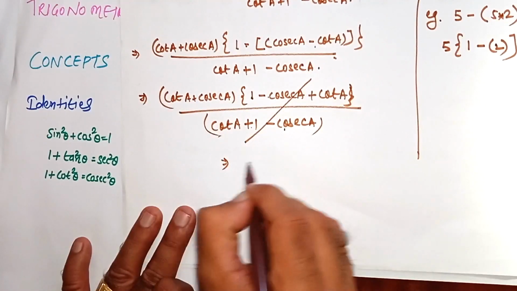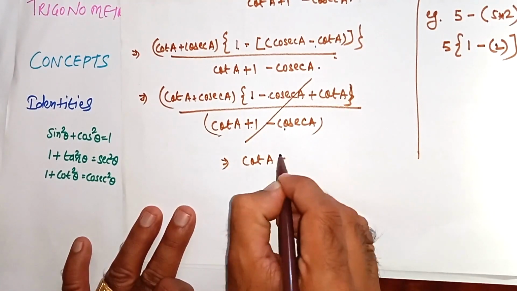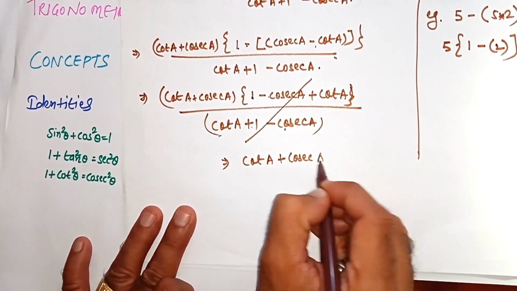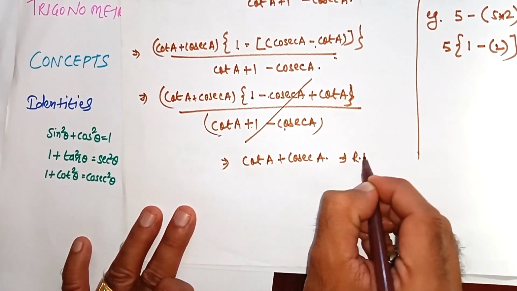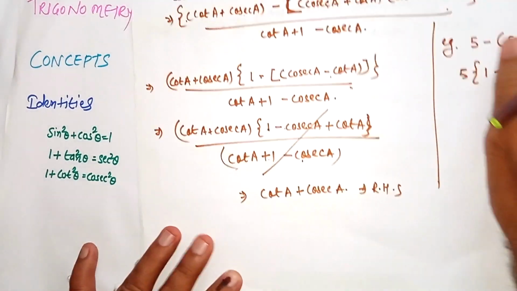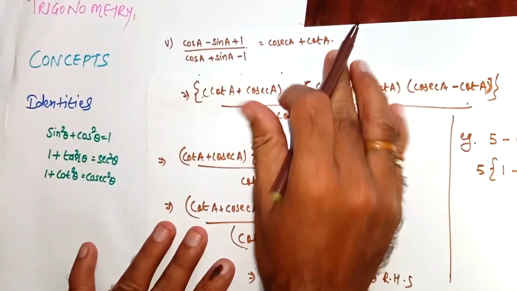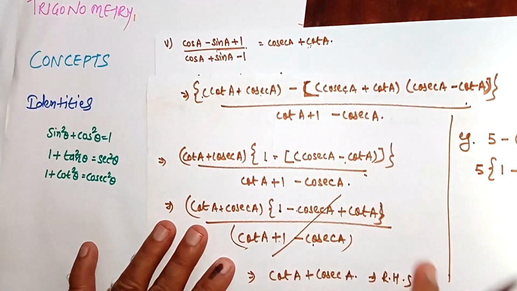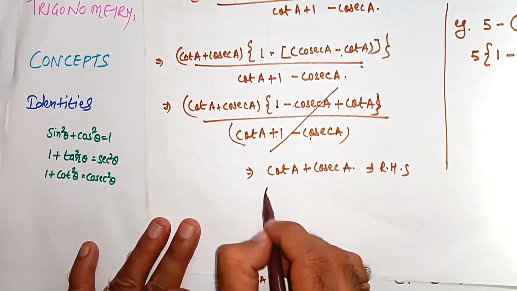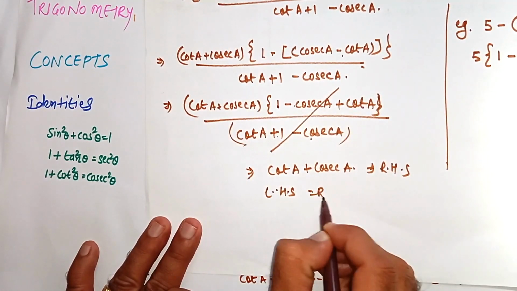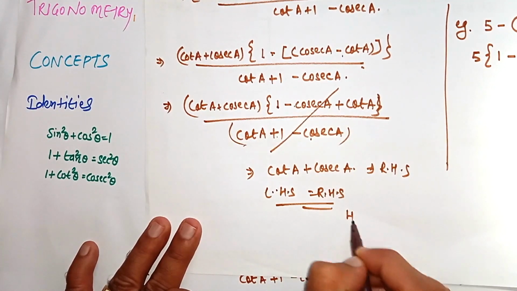We are only left with cot A plus cosec A, which is our RHS. So you can write LHS equals RHS, and you can write hence proved.